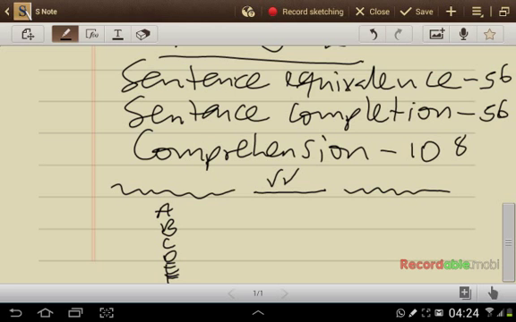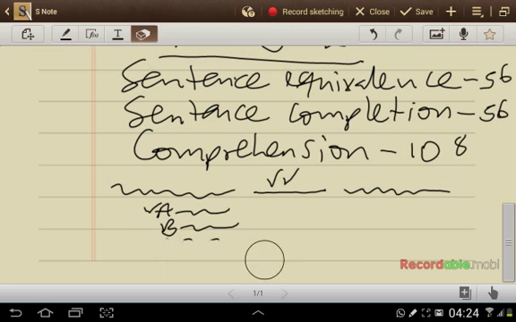So if it's A and D, you select them, and they must fit into the sentence and make complete sense. Let's take a look at one sentence equivalence example.